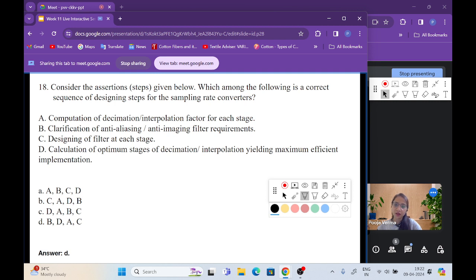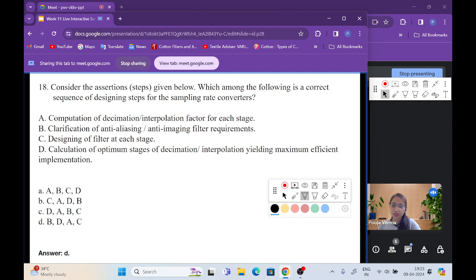A is computation of decimation or interpolation factor for each stage. B is clarification of anti-aliasing, anti-imaging filter requirements. C is designing of filter at each stage. D is calculation of optimum stages of decimation, interpolation, yielding maximum efficient implementation. Which one is the correct sequence from these options?